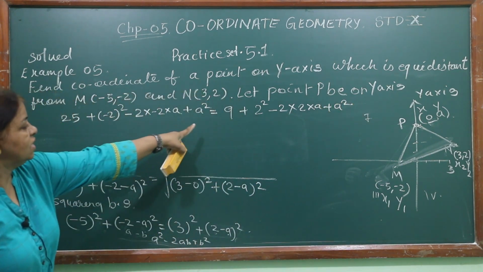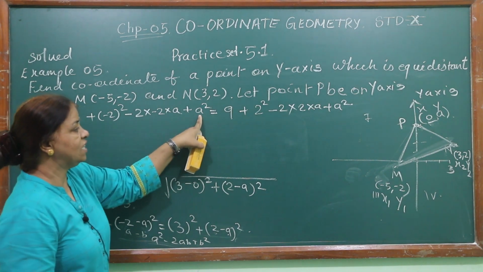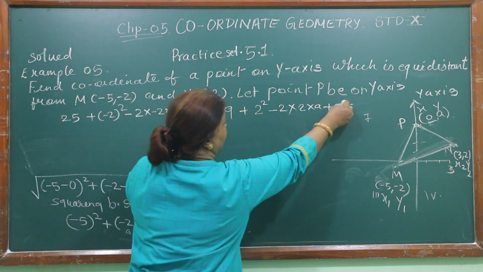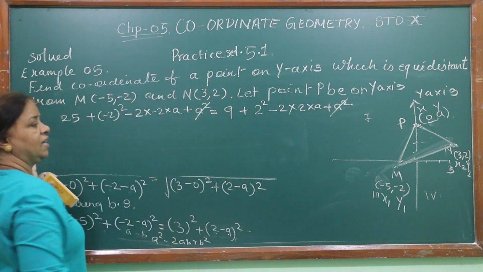See, children, this side has a square, and the other side also has a square. I can cancel them.